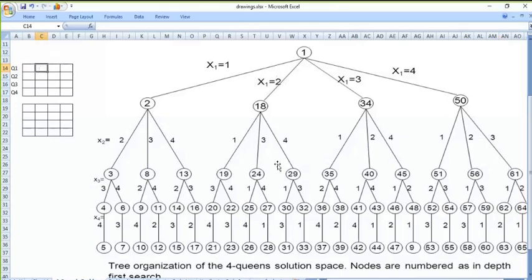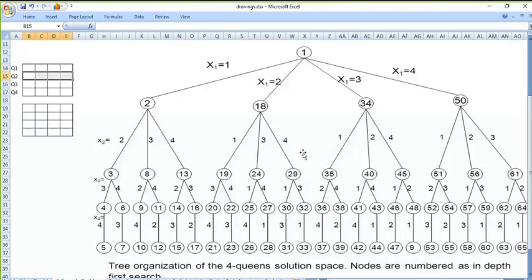For example, let us take a random number over here, say this particular number 4, between 18 and 29. What does this 4 value, the edge between 18 and 29, indicate? This is for the x2 value. x2 means queen number 2, which means the second row.